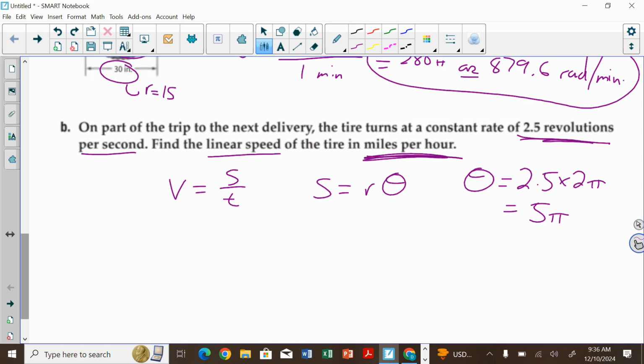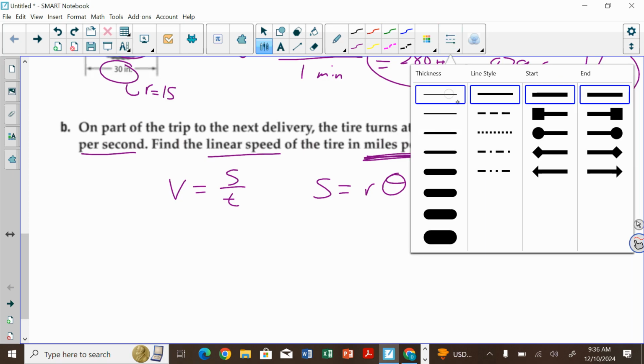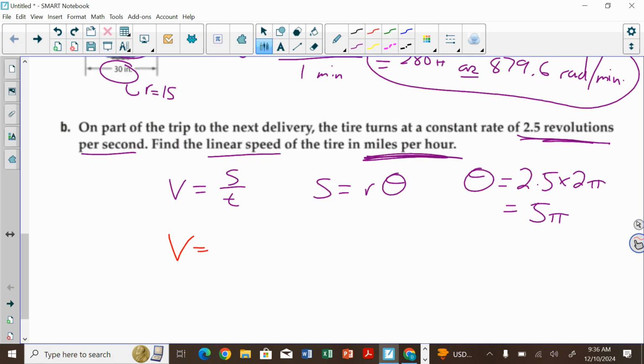So when I plug that in now, I can say that V is equal to R theta over T, because R theta is equal to S, right? I'll rewrite that because I don't like the way it looks.